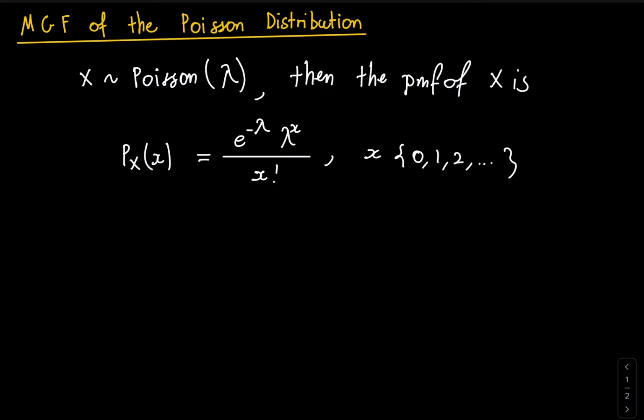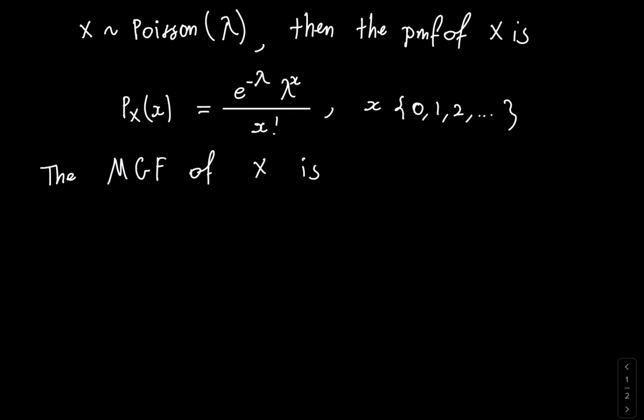So, using this function, we can now compute the moment generating function. The MGF of x, recall, we have M_X(t), a function of t, and we define it as the expected value of e to the power of tx.